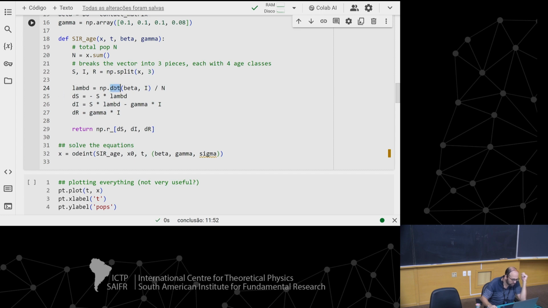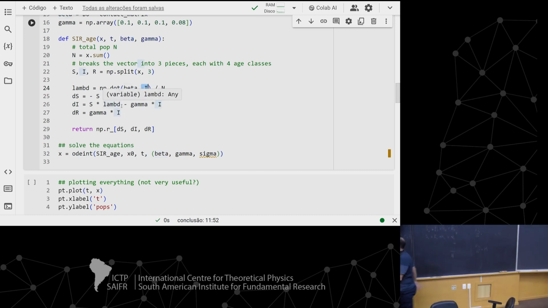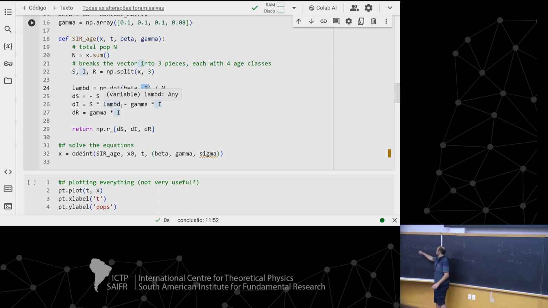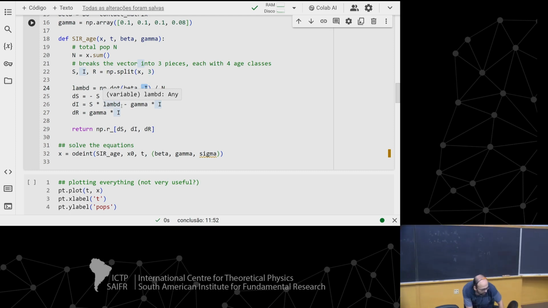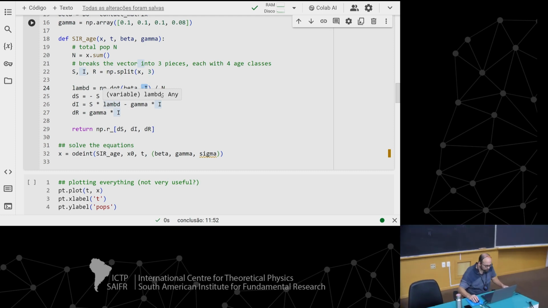So I want the dot product, the matrix product of the matrix beta by the vector I, to get in the first line beta 0,0 I0 plus beta 0,1 I1. This is the matrix product. And at the end I have to multiply by n. What is n?